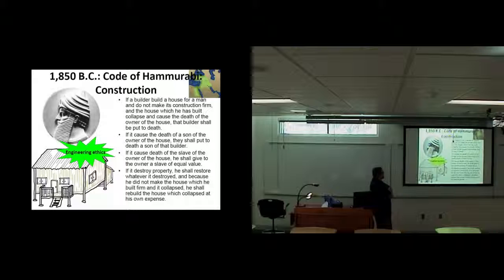Right? This was the beginning of engineering ethics, as it's called. How we're going to have some kind of set of laws or rules for building things and who's owning things and how.